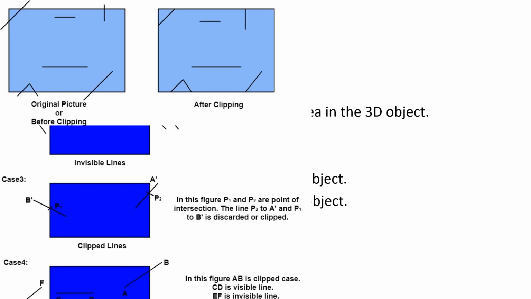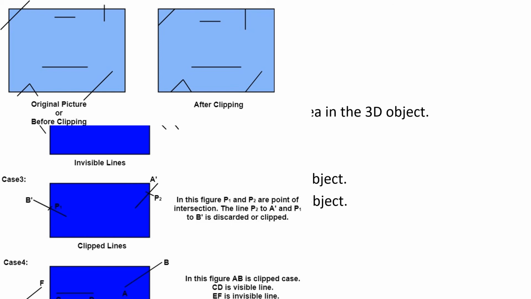Here we will study the applications of clipping. It will extract the part we desire, meaning the part which is needed for us will be kept and the other part will be left. For identifying the visible and invisible area in a 3D object, we need clipping.